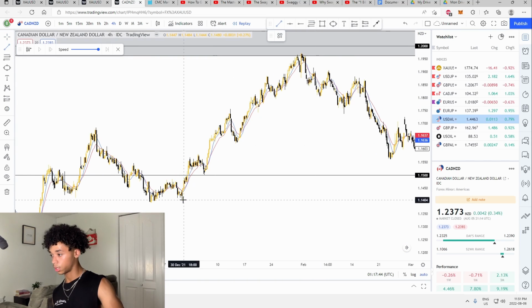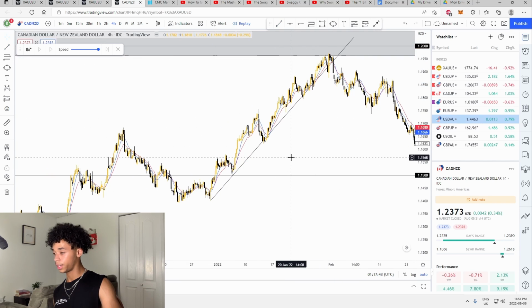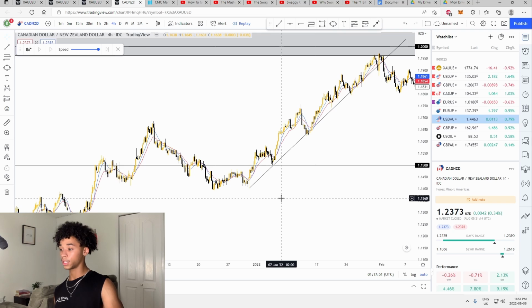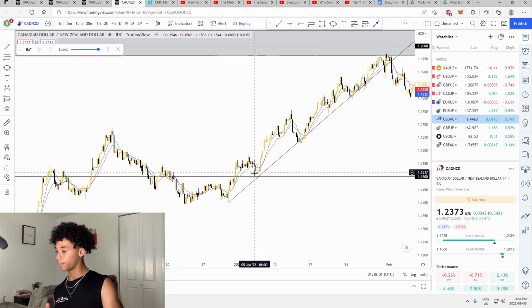Just the lowest low and the second low, which is right here. So this would be the trend line right here. And basically the second low right here is classified as a higher low. And what that means is that this low right here is higher than this low right here.